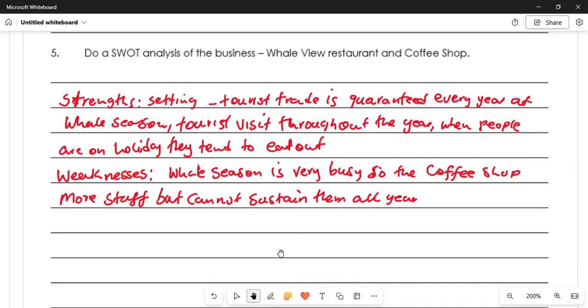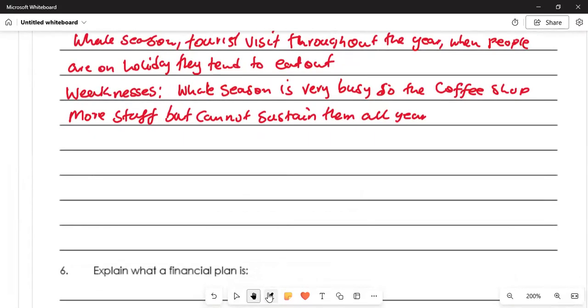Opportunities are external. What are the opportunities of this business?